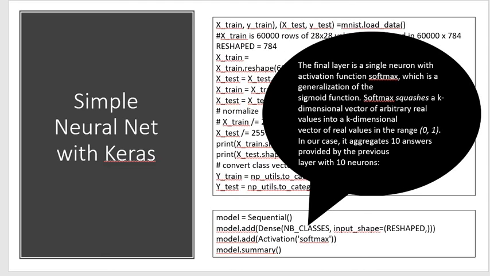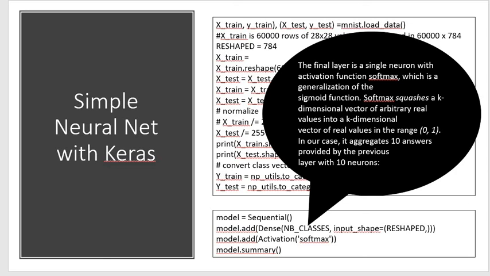The final layer has an activation function of softmax, which is nothing but the generalized version of the sigmoid function. The softmax squashes a k-dimensional vector of arbitrary real values into a k-dimensional vector of real values in the range of 0 to 1. In our case, it aggregates the 10 answers provided by the previous layer of 10 neurons.